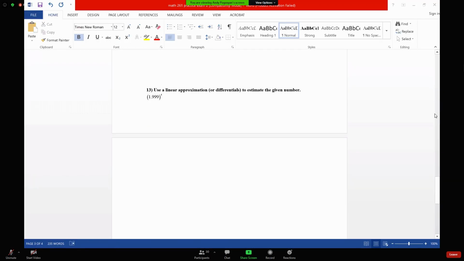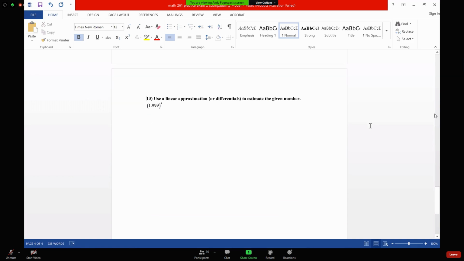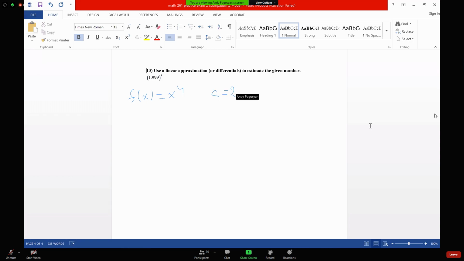So for 13, you're going to use the same linearization. First identify the function. f(x) equals x to the power 4. For a, we can choose 2 because it's easy.